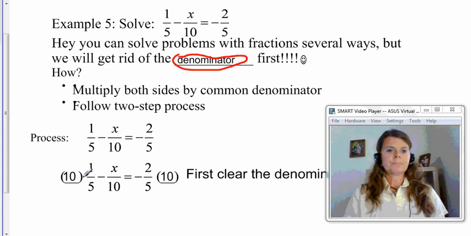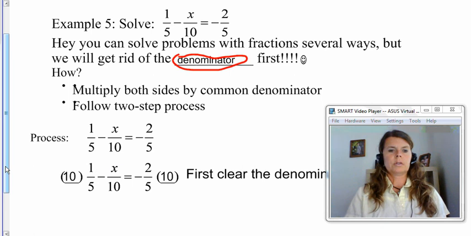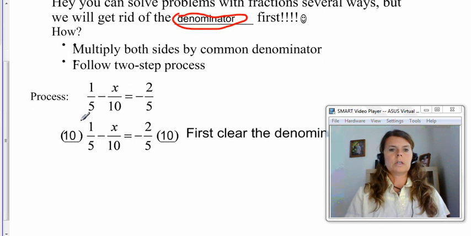Okay, so this is a fraction. Oh, actually, we're just going to leave it 10 right now. We're going to turn it to a fraction in a second. So what you need to do is distribute this 10 to both of these right here.